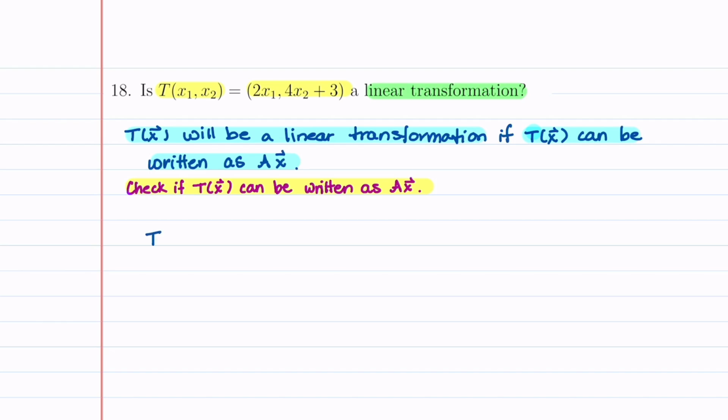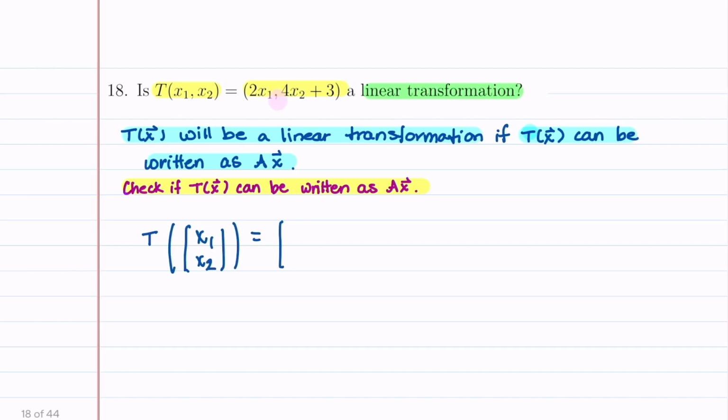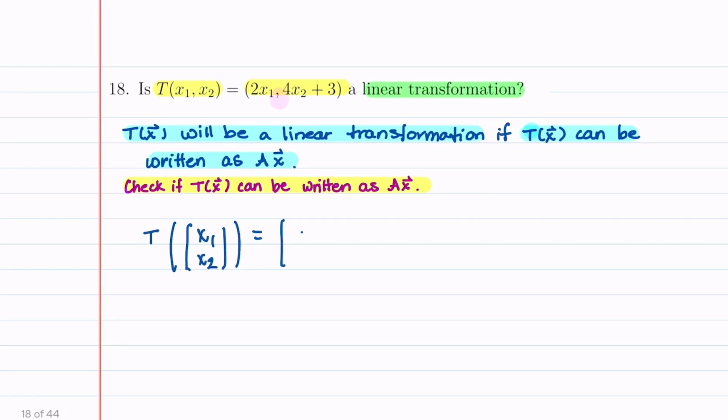So we have T of our vector x1, x2 is going to be equal to the vector. And before we do this, let's notice that we have 1 comma. That comma tells us that we're going to have 2 components, and it separates those 2 components. So our first component is going to be 2x1, and then our second component is going to be 4x2 plus 3.